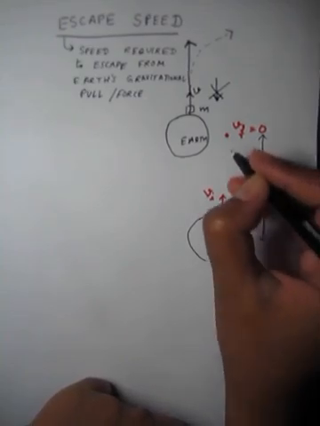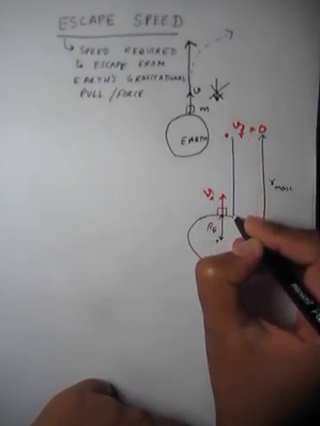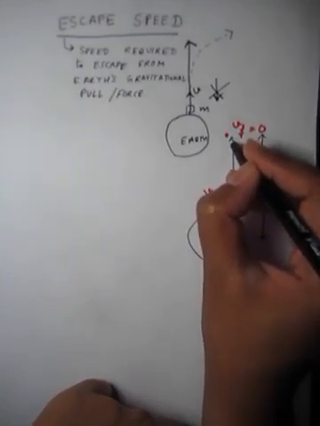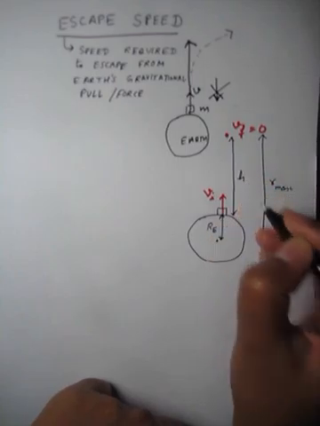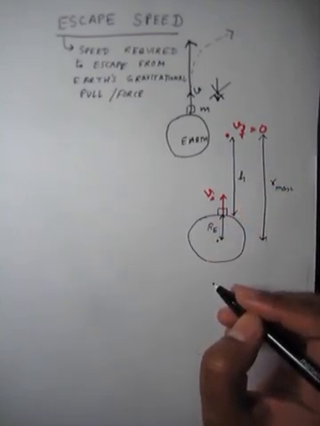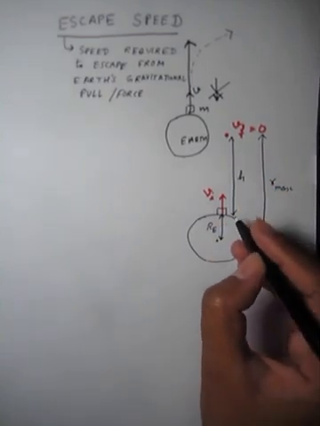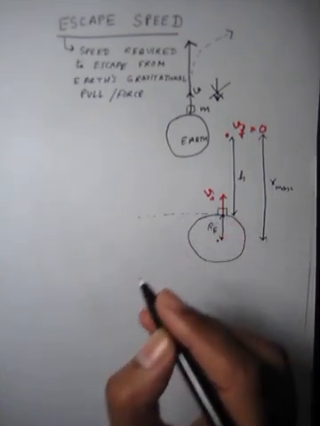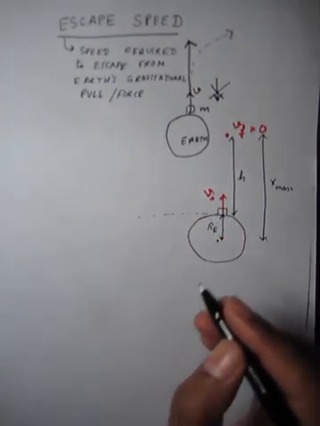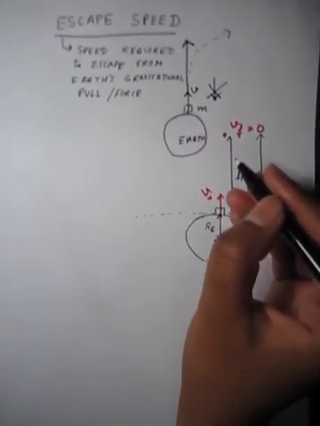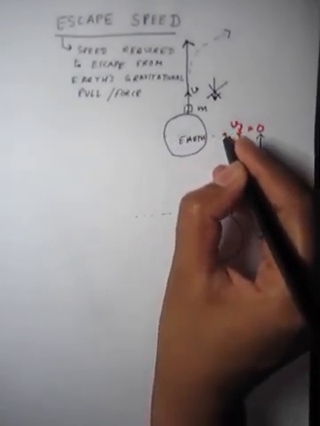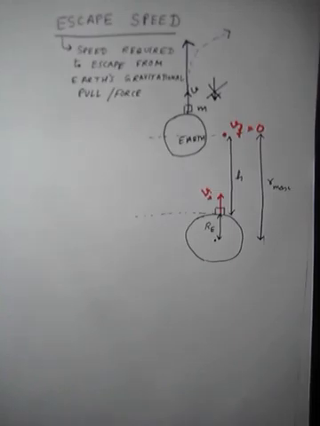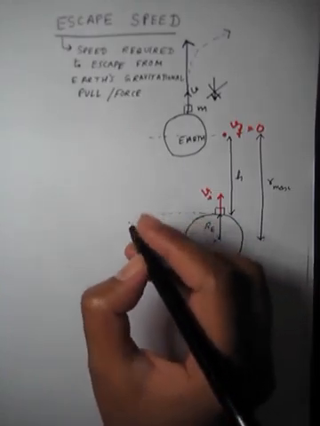And the distance between the point and the surface of Earth is h. So now let us say that this point has some kinetic energy and some potential energy, and this point also has some kinetic energy and some potential energy.